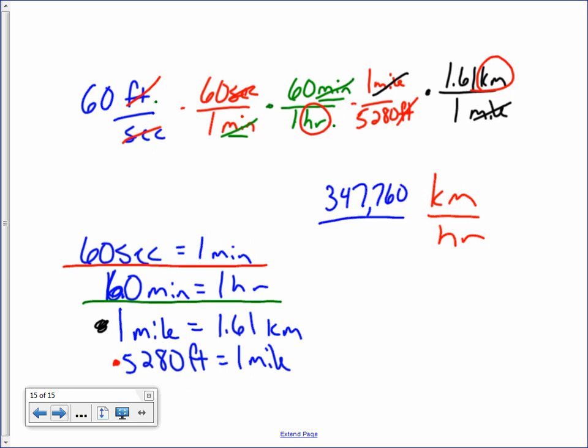On the bottom, the only thing you have is 1 times 1 times 5,280 times 1, so on the bottom you simply get 5,280. So you take 347,760 divided by 5,280, and you would get 65.86 kilometers per hour.